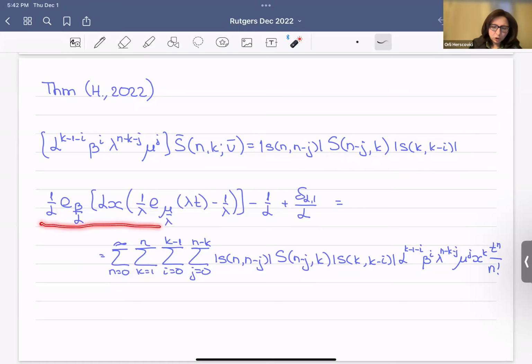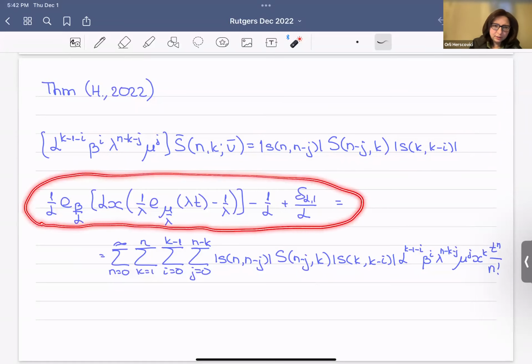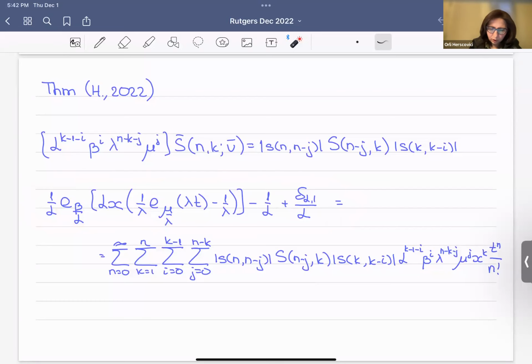So this function with 2 deformed exponentials will have this explicit form. So again, if parameters alpha, beta, lambda, mu are integer numbers, we again get integer coefficients here. Everything will be integer.